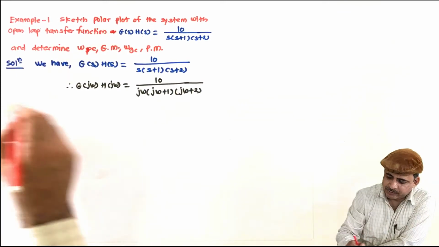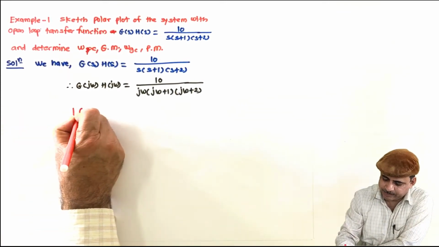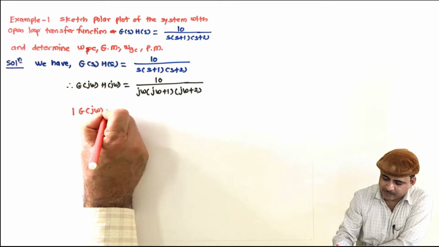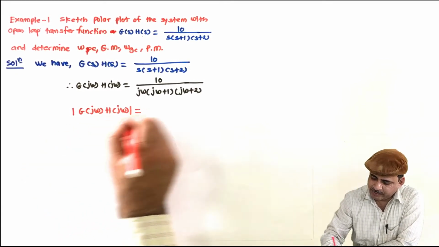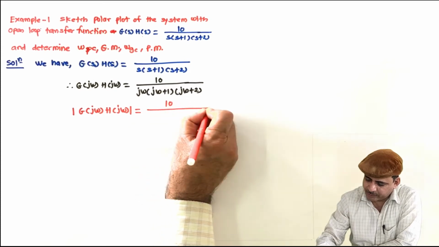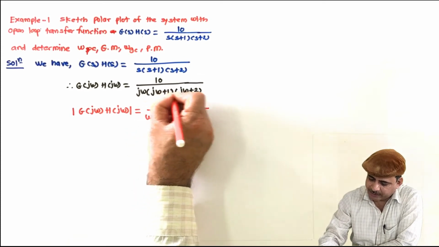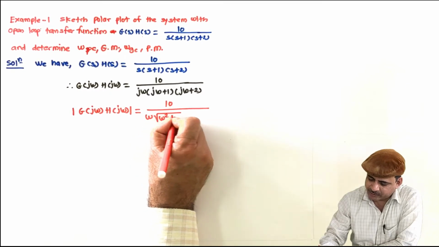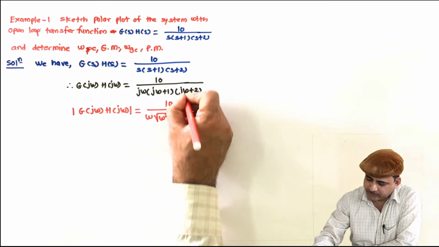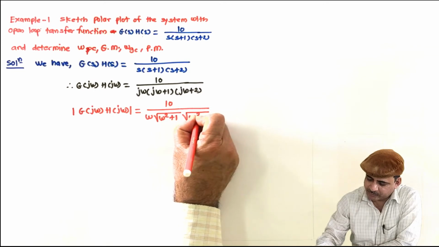And then its magnitude function is the next step. And that will be equal to 10 upon magnitude of j omega, which is omega, magnitude of j omega plus 1 will be under root omega square plus 1, and for the next pole it will be under root omega square plus 4.